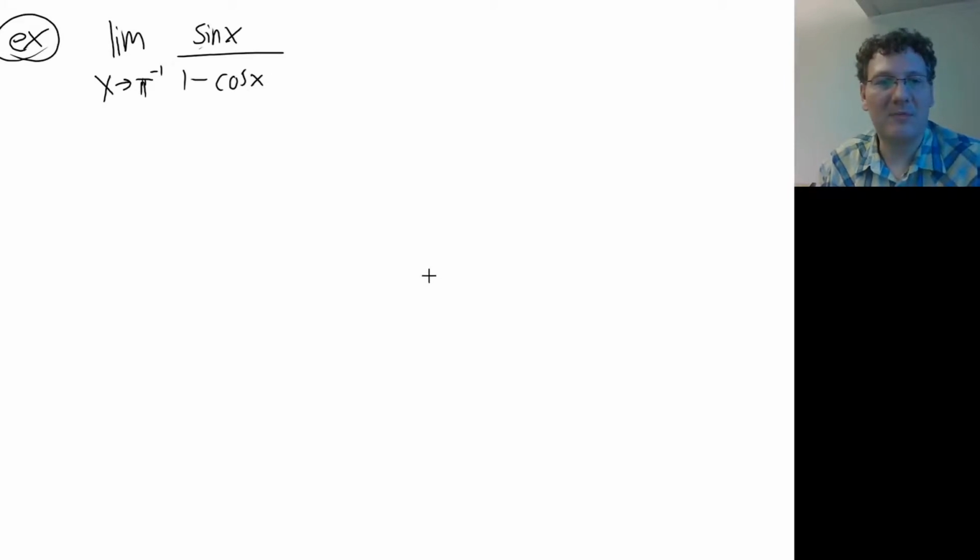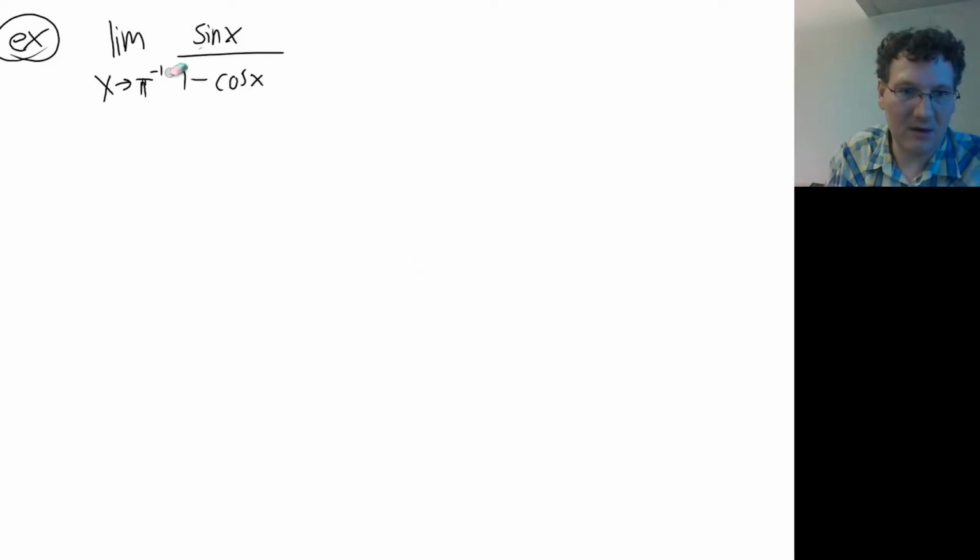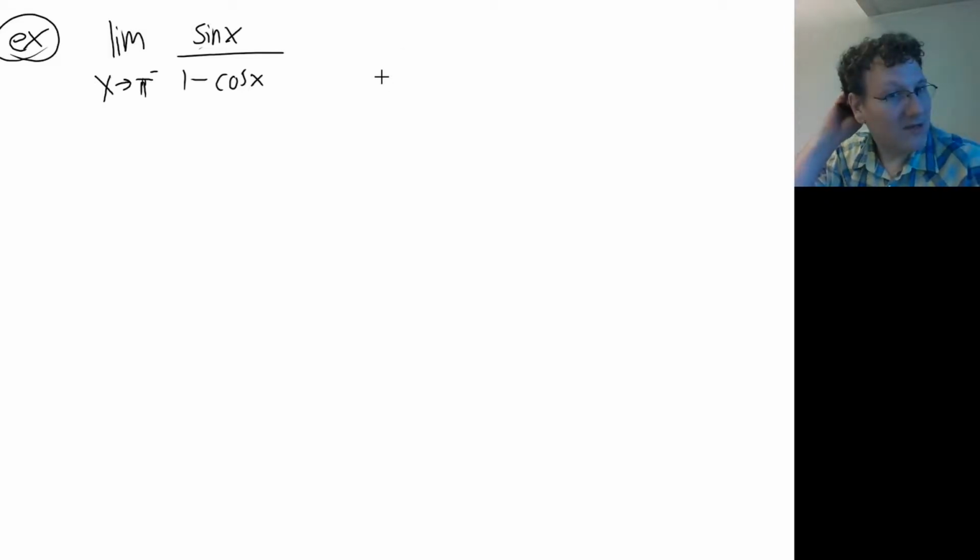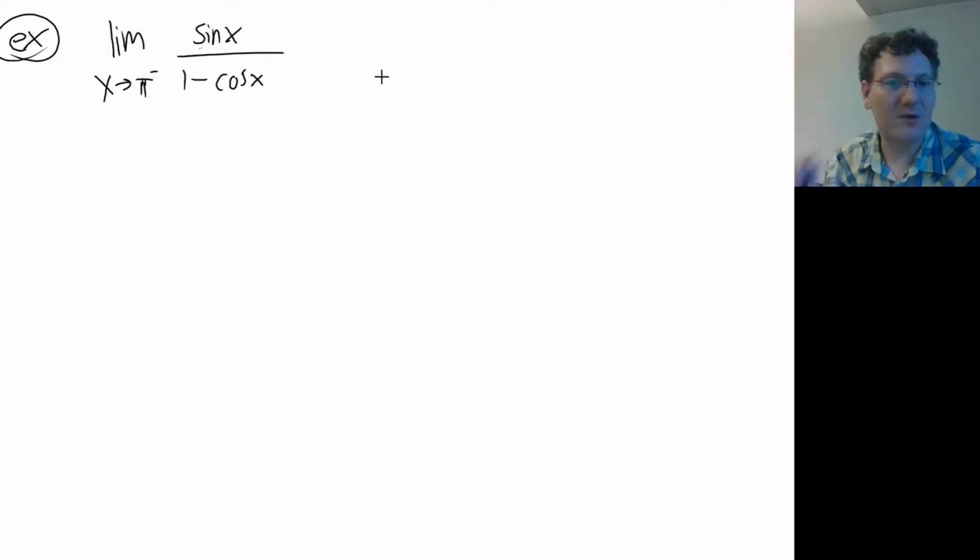Okay, let's take a look at this one. Let's see, what's the limit as x approaches pi from the left of the sine of x over 1 minus cosine of x? The issue here, you always want to remember to start by seeing what happens if you evaluate it.